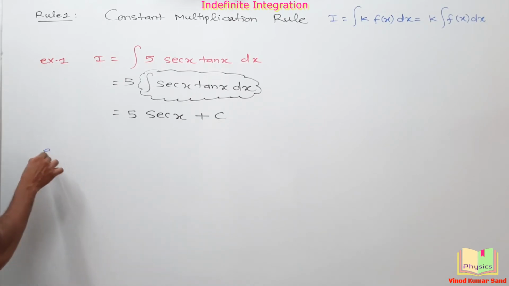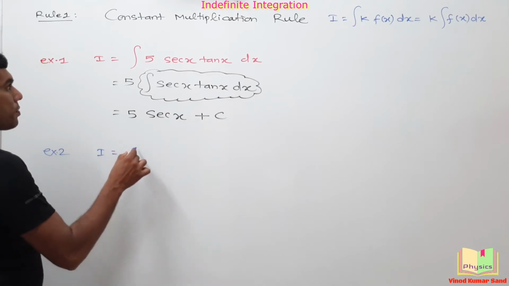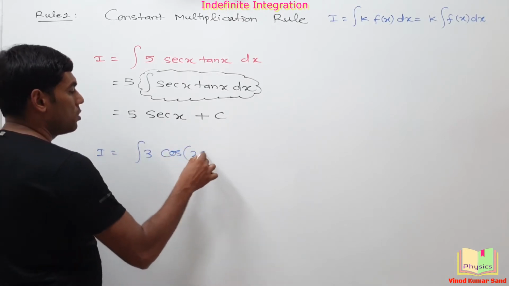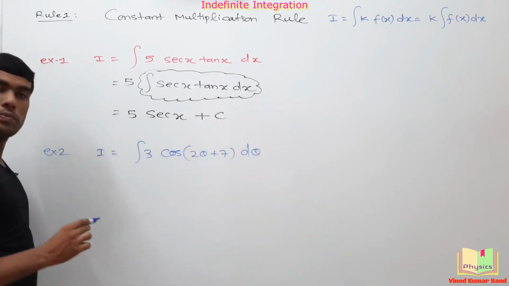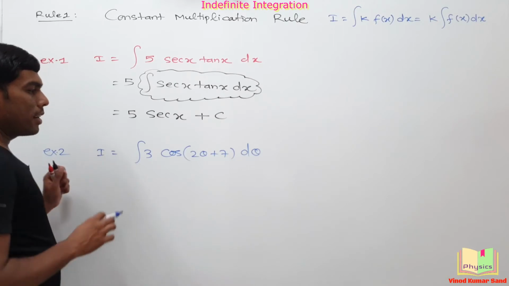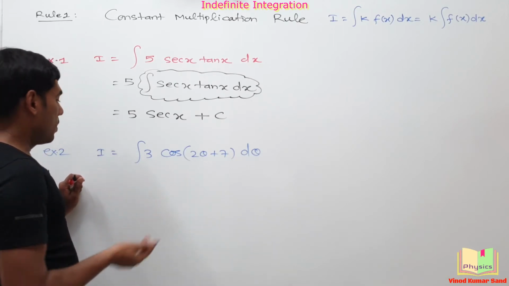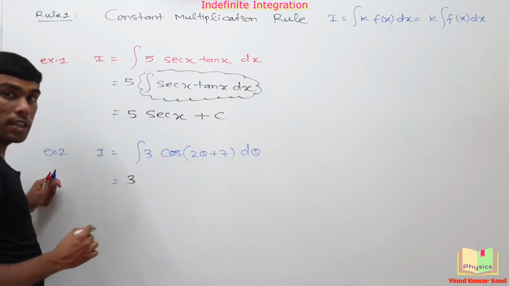Another example, number 2, integration 3 cos (2 theta plus 7) d theta. Pause here and give it a try yourself. 3 is a constant, so you can take it outside of the integration.